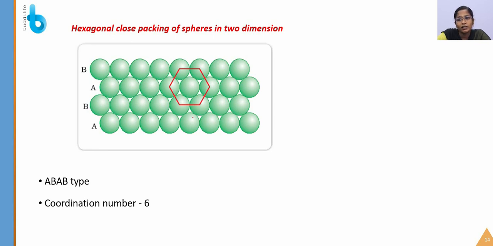We are going to place it in between the space of the two atoms, in the gap of the first layer. The second layer is named B, and this type of arrangement is AB type. The coordination number here is 6 because a particular atom is surrounded by 6 atoms, 1, 2, 3, 4, 5 and 6 only. So the coordination number here is 6.